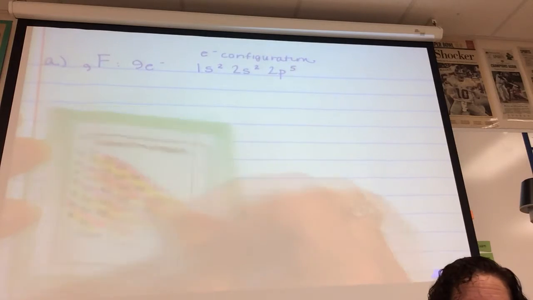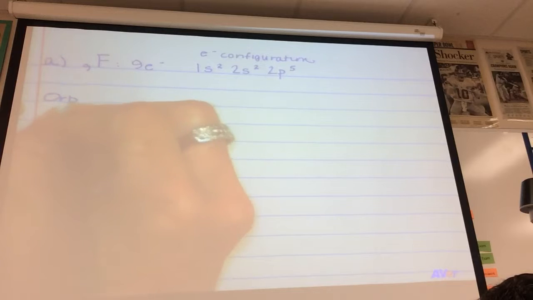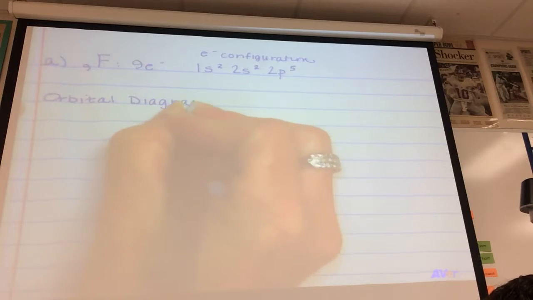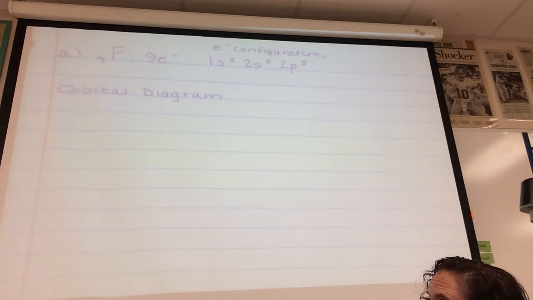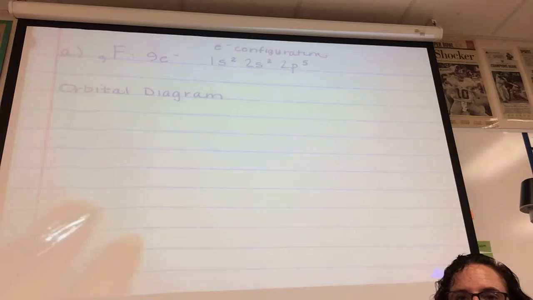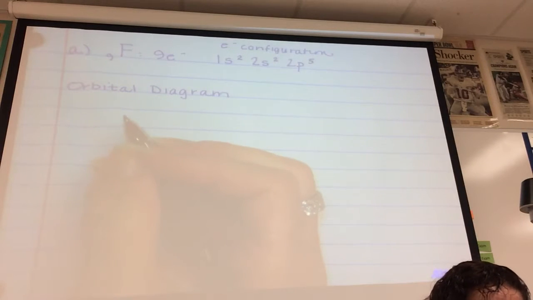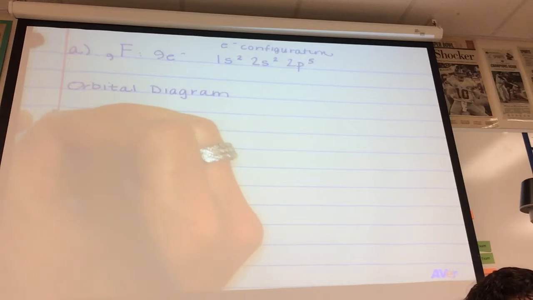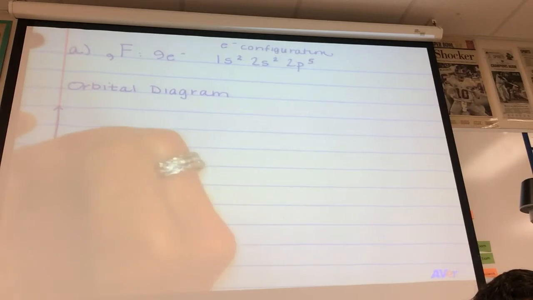The orbital diagram shows the electrons in orbitals. We have increasing energy here.